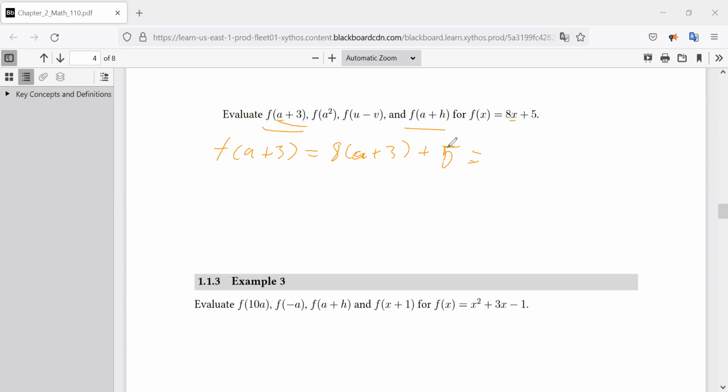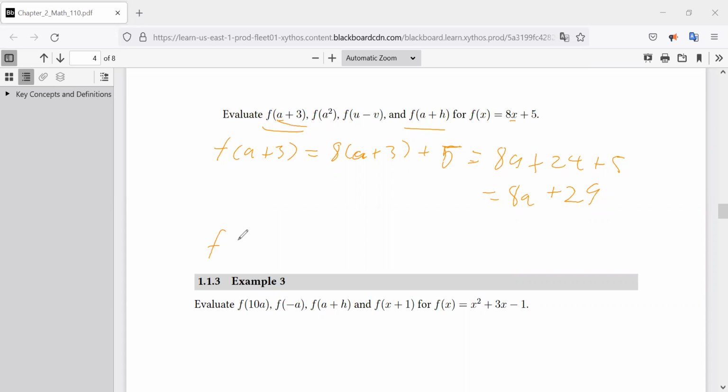We have to distribute that. So this becomes 8a plus 24 plus 5, which is equal to 8a plus 29. That makes sense to people? I think I get it now.